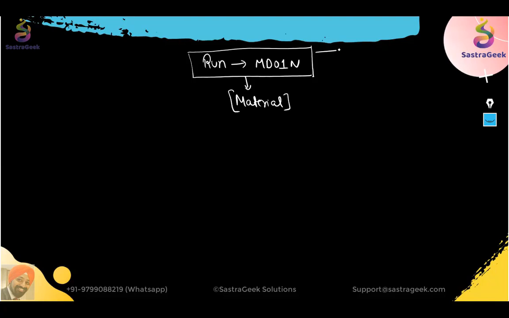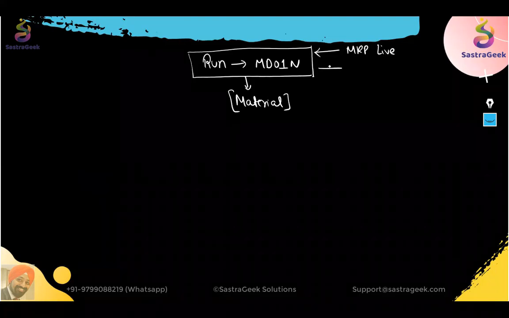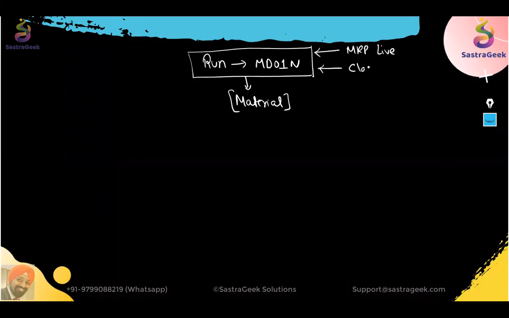So the MD01N run would be an MRP Live run, the classic MRP run can also happen from here, and the PPDS run can also happen from here.